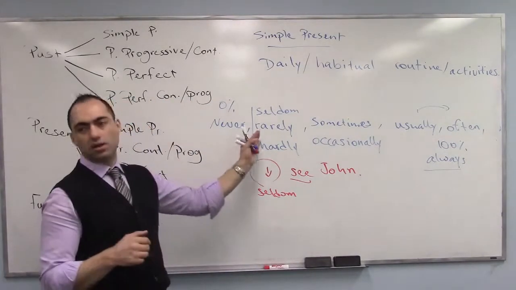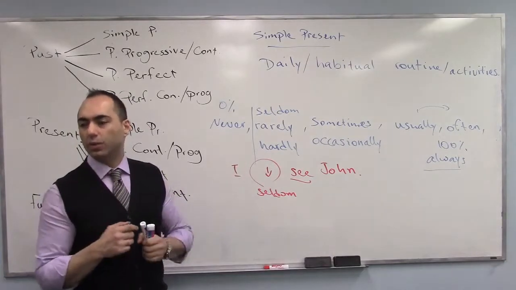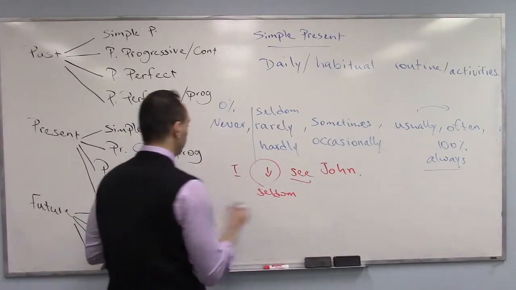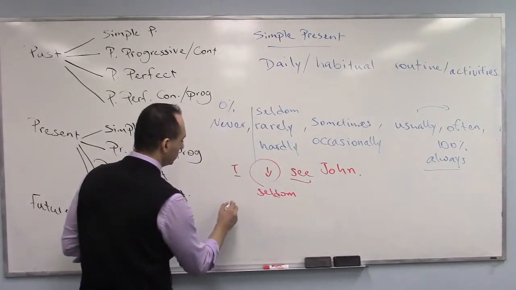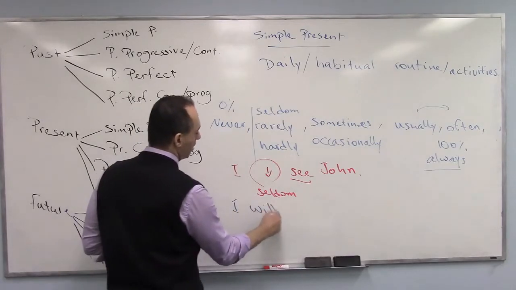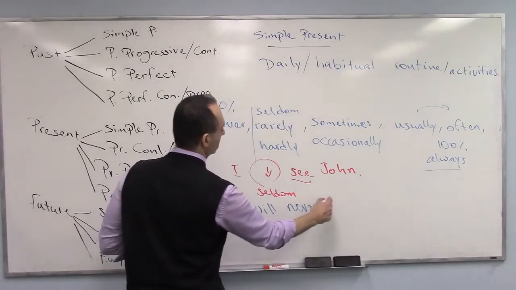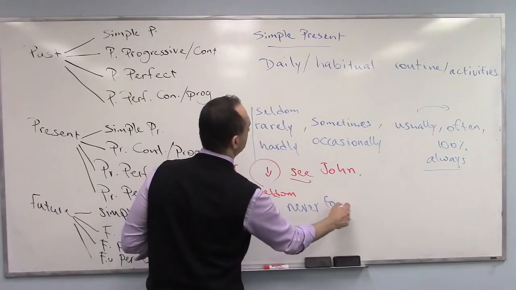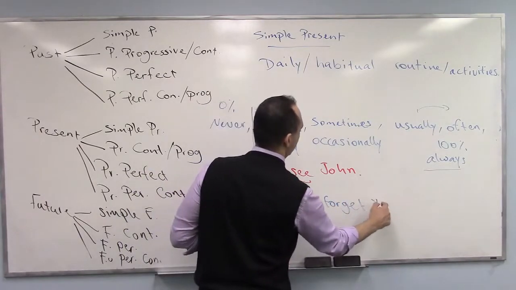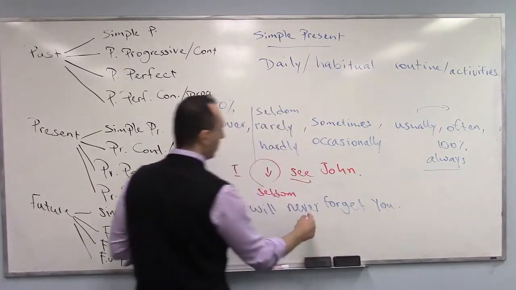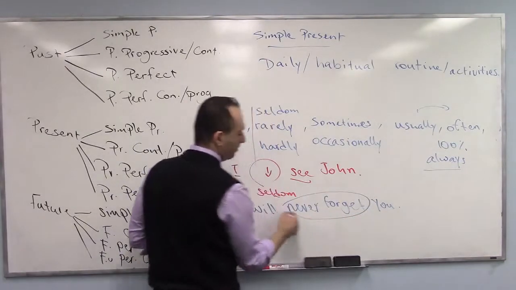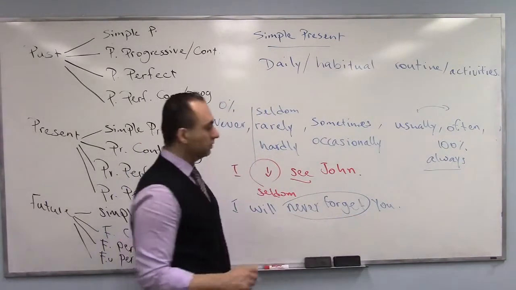Because these are not only for simple present. I will always remember you. Yes? I will never forget you. Will never forget you. So before the main verb is forget.